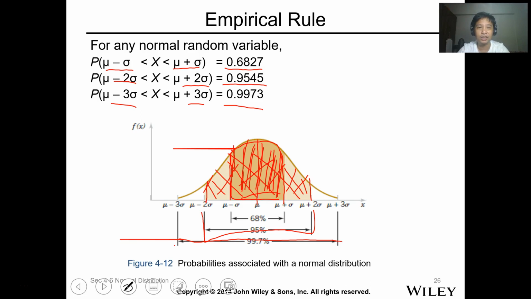So, tatandaan nyo yan na ito yung range of probability na i-cover if you add and minus 1 standard deviation from the mean. Then plus minus 2 standard deviations is 95% and plus minus 3 standard deviations is 99.7%.